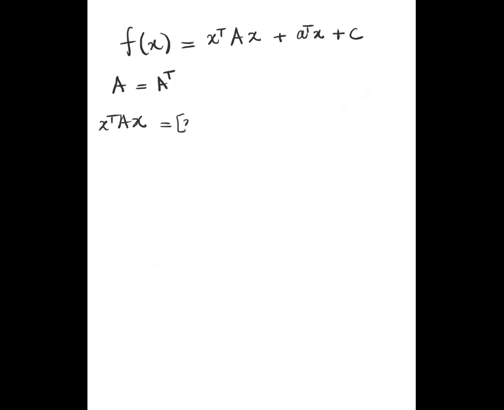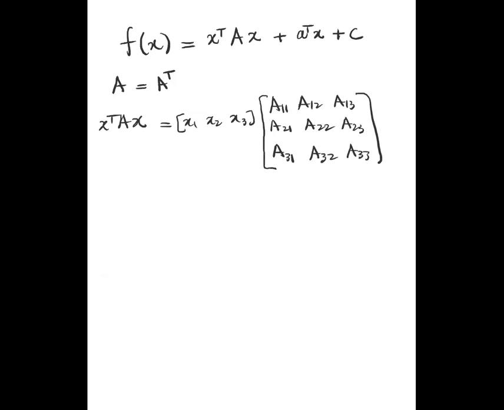So you have x1, x2, x3, a11, a12, a13, a21, a22, a23, a31, a32, a33, times x1, x2, x3.